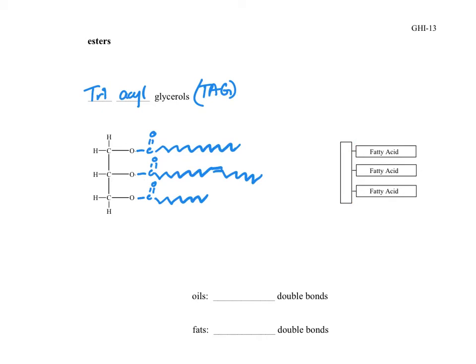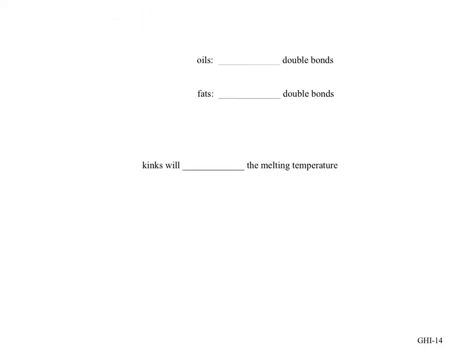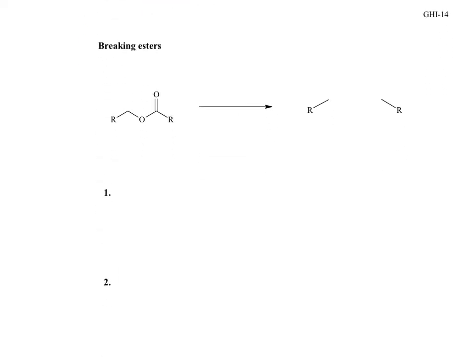In fact, when we want to break down fats and oils from our diet, that's what we're going to do. We're going to break the fatty acids off and use them for energy. So this video is called Breaking Ester Linkages, and we're going to see how that happens on the next page.